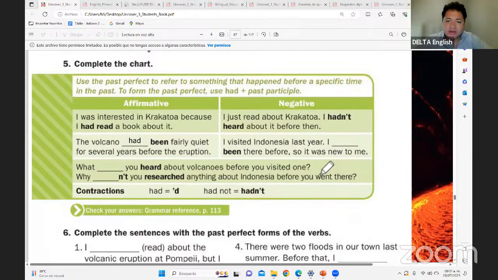Okay. The next one in negative. Well, you know, the past perfect is very easy to use because you don't have any other conjugations, right? So you only say, I had, you had, he, she, it had. Doesn't change.